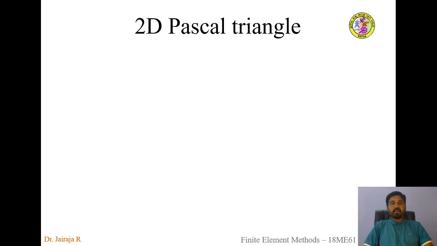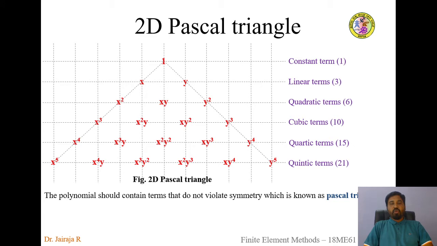Now we'll consider 2D Pascal triangle. What is Pascal triangle? The polynomial should contain terms that do not violate a symmetry, which is known as Pascal triangle. Why is 2D Pascal triangle required? It is an easy way of expressing 2D displacement polynomial. Pascal triangle contains the terms of polynomial of various degrees in two coordinates, that is x and y coordinates.